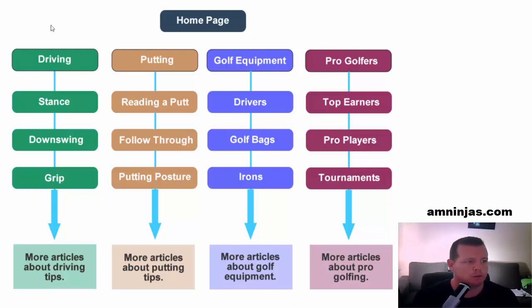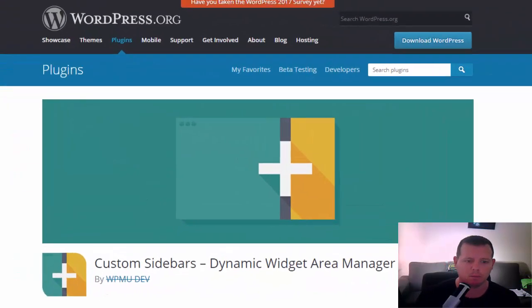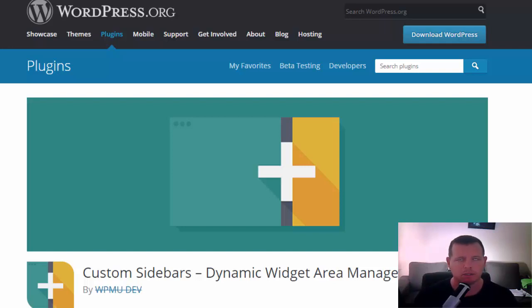So what I would do, I would either have a full width page for each one of my articles and only link to each one of these articles within the article. That way it's super related, you're keeping relevancy on the page, and it's themed towards the keyword. One of the main ones for WordPress that I use, I think it's called custom widgets or custom sidebar widget.